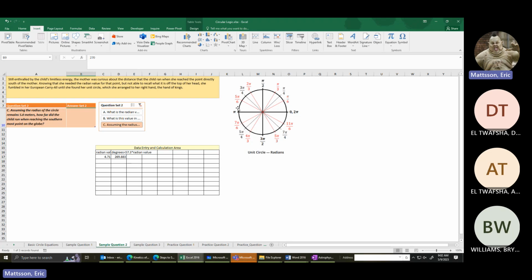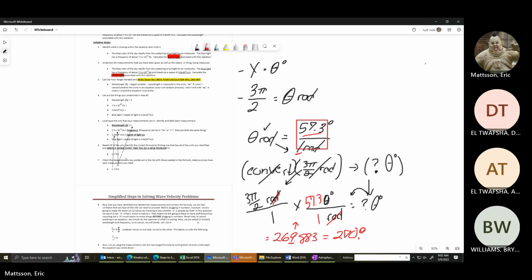What's this distance here? So what we want is the arc length of that particular distance of the circle.